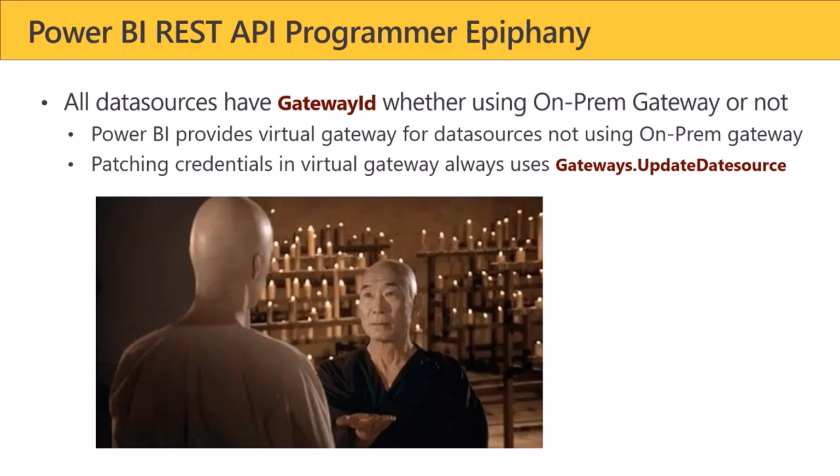So Power BI has behind the scenes what we call a virtual gateway, for data sources that connect directly to a cloud data source. And so whenever you're patching credentials in the virtual gateway, you're always using Gateways.UpdateDatasource. And if you get this information, tell other people, because it's not obvious or intuitive.